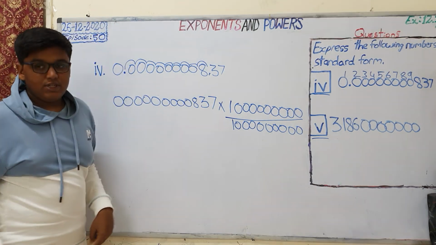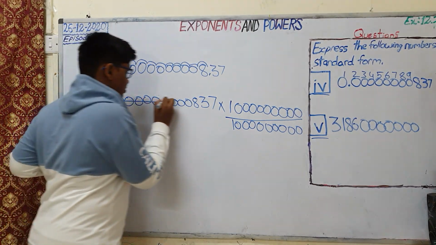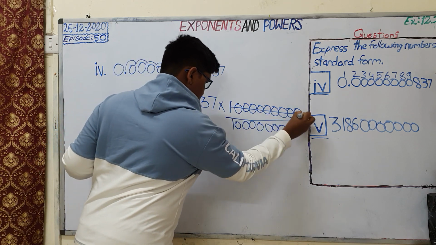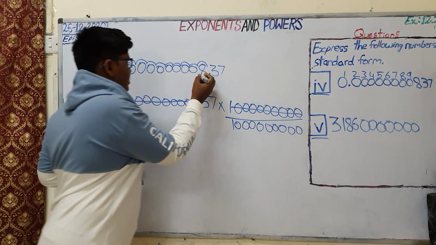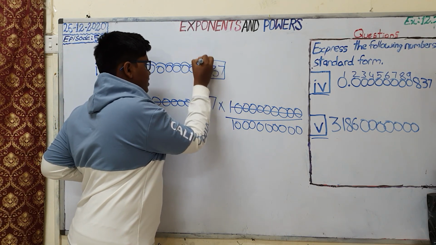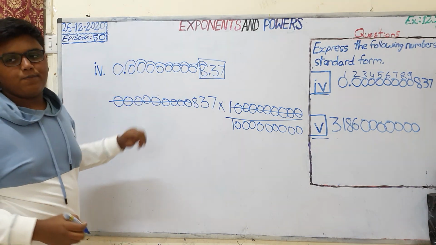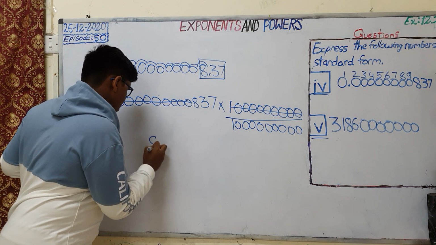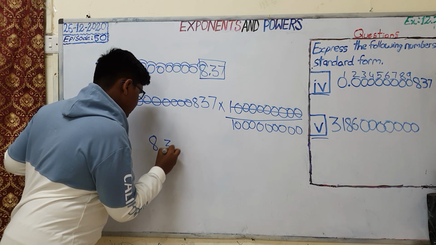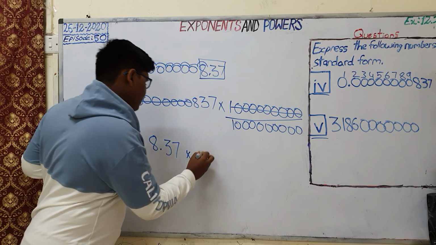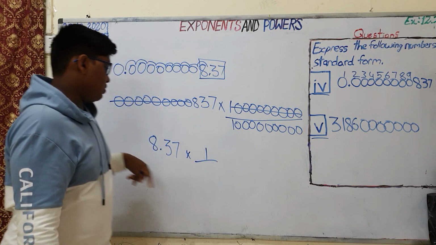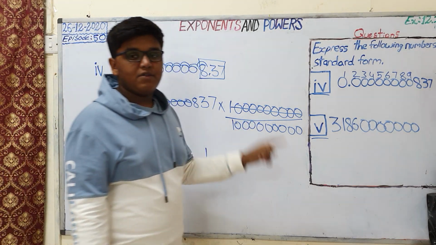Now the next step is to cancel all these zeros. Here we have 837, and as we converted this 837 into a decimal, we got 8.37, into 1 by 10 raised to the power 9.